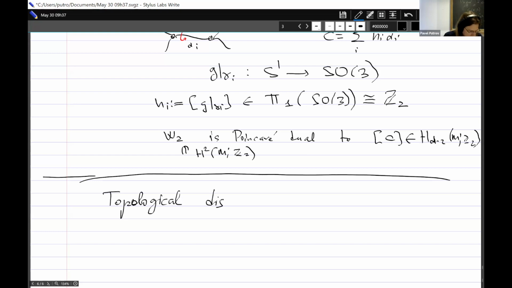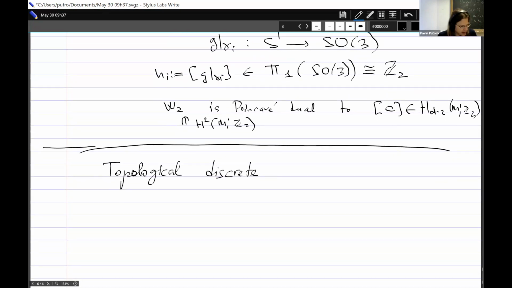Okay, the next part will be about topological discrete gauge theories. So I'm done with this very informal introduction of basic concepts in algebraic topology. We considered briefly the notions of homotopy groups, homology, and characteristic classes, and what their physical interpretation is.